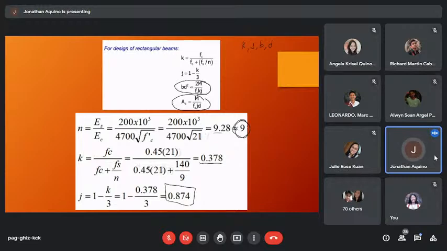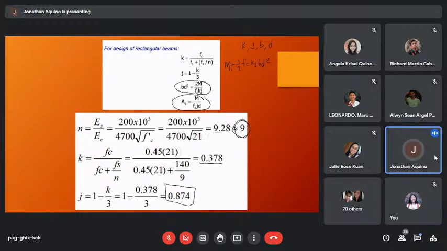So from this formula, M is just simply equal to 1/2 times Fc kj bd squared. So ito yung tinatawag natin na M1.